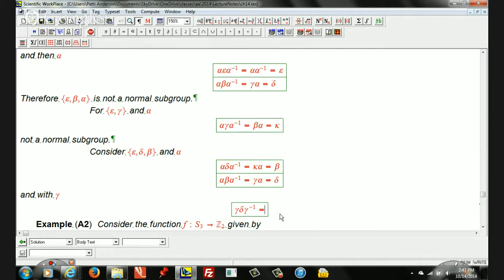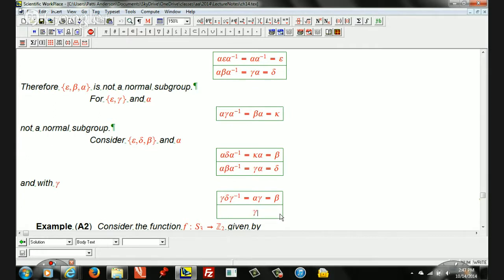Okay, what is gamma delta? Alpha. And gamma inverse? Gamma. For these ones they are, but for the other ones they aren't. So what's alpha gamma? Okay, so that one's in the set.